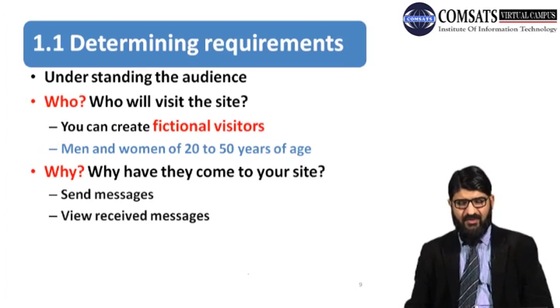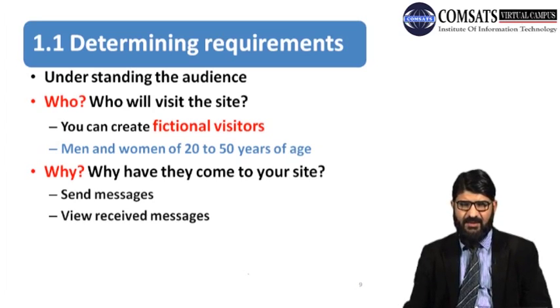Now, considering why they will use your site, this is the second question in order to extract the proper valid requirements. They will use your site, for example, as you are going to send messages to them, and they can receive the message from your site.